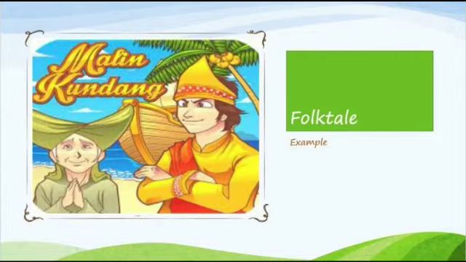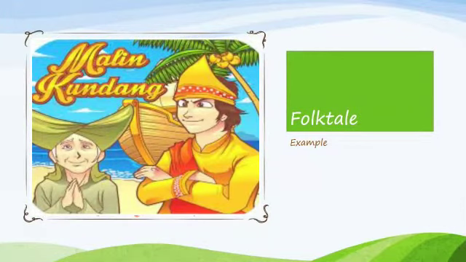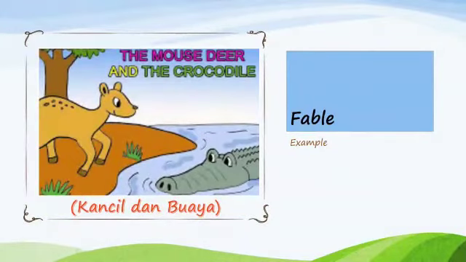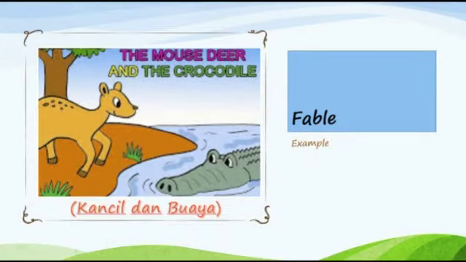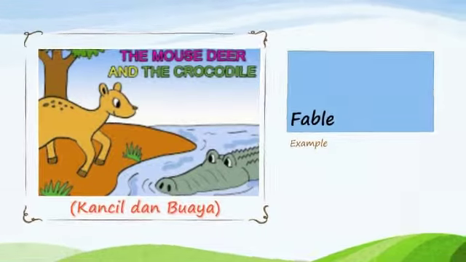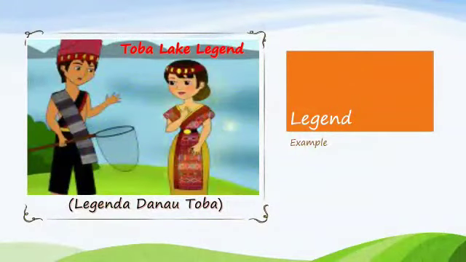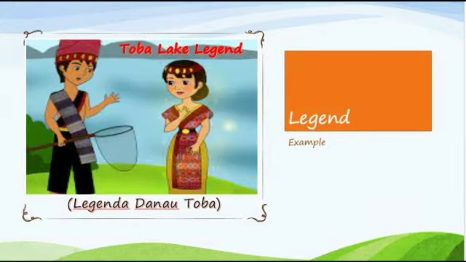Example, contoh, Malin Kundang. The third is fable atau cerita binatang. Example, contoh, The Mouse Deer and the Crocodile. Kancil dan buaya. And the last is legend atau legenda. Example, contoh, Toba Lake Legend.